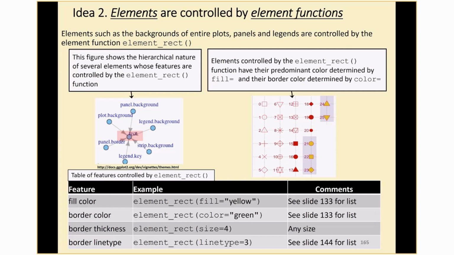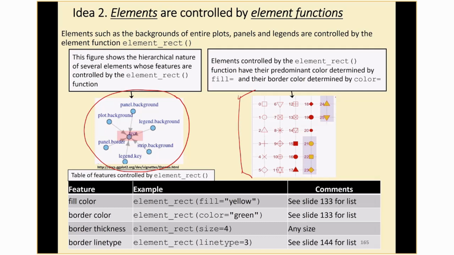So here we've got a bunch of elements which by their very nature are rectangles. And the main thing to remember when dealing with elements which are essentially rectangles is, if you recall this slide here that we addressed earlier when we went over the scatter plot and said that we had these 25 different shapes.